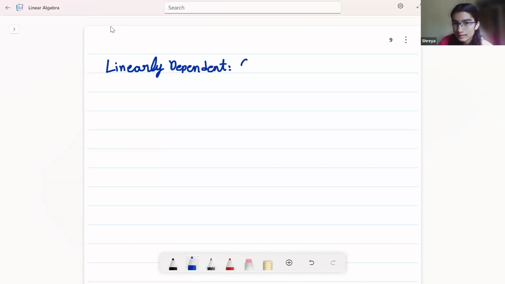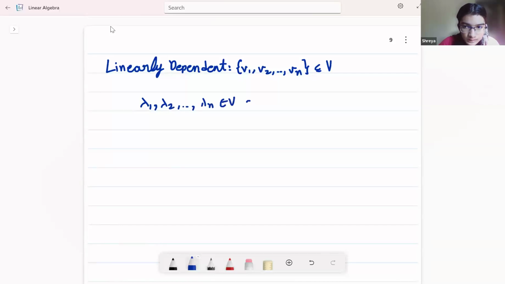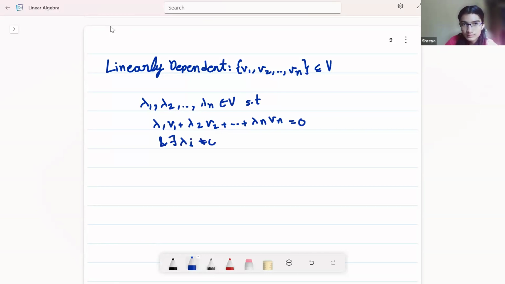If you have a set S, with elements v1, v2, and so on up to vn, which is a subset of V, then we say it's linearly dependent if there exist some scalars lambda 1, lambda 2, up to lambda n, such that the linear combination equals zero, and the lambdas are not all zero. All of them being zero would just be trivial.